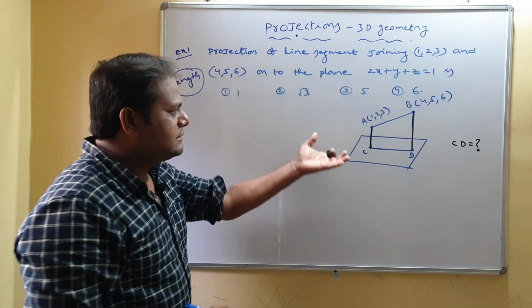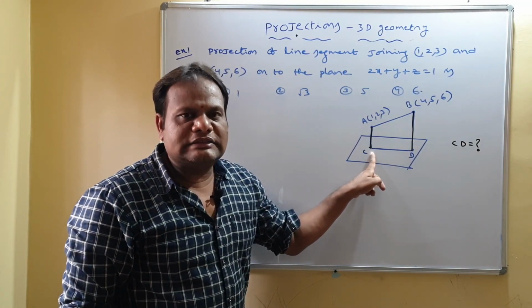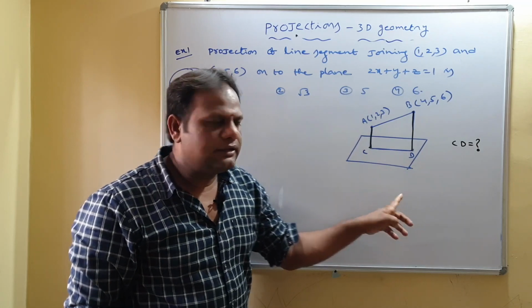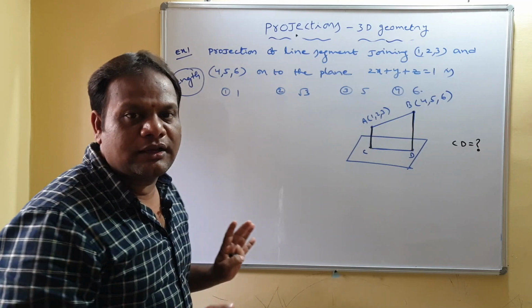To get the length CD, first you should know what C and D are. Is C the foot of the perpendicular? So we use the foot of perpendicular formula.